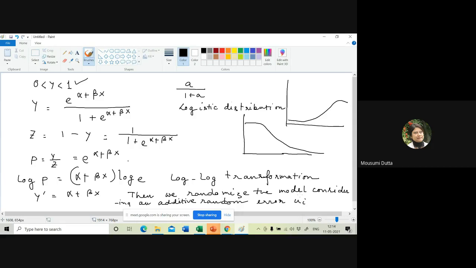Is the spelling right? Yes, ma'am. So finally, if I like to put the entire thing in the format of a regression, this will be the format.